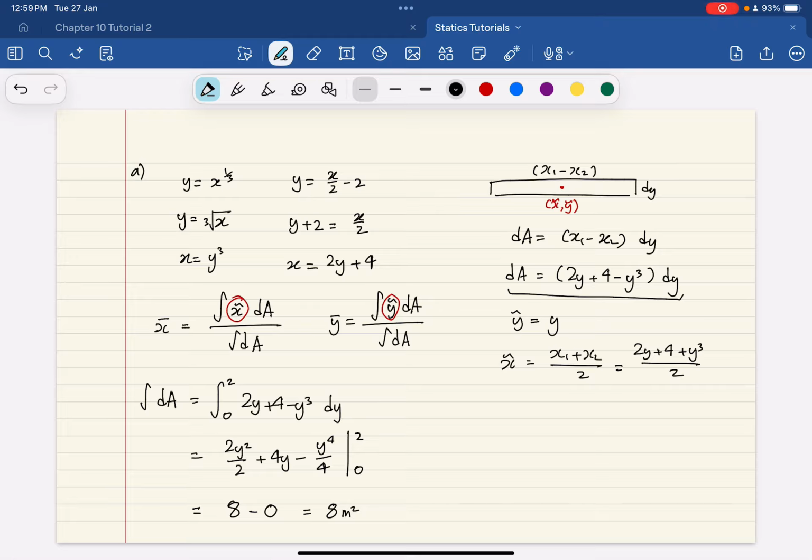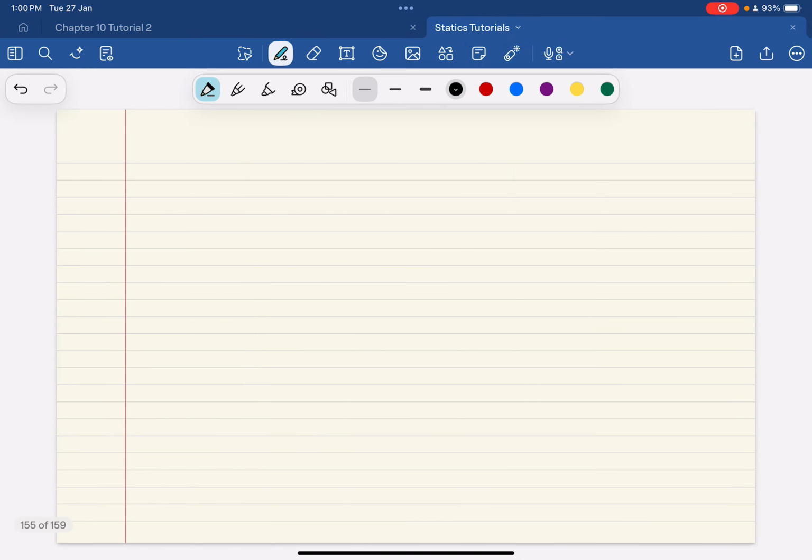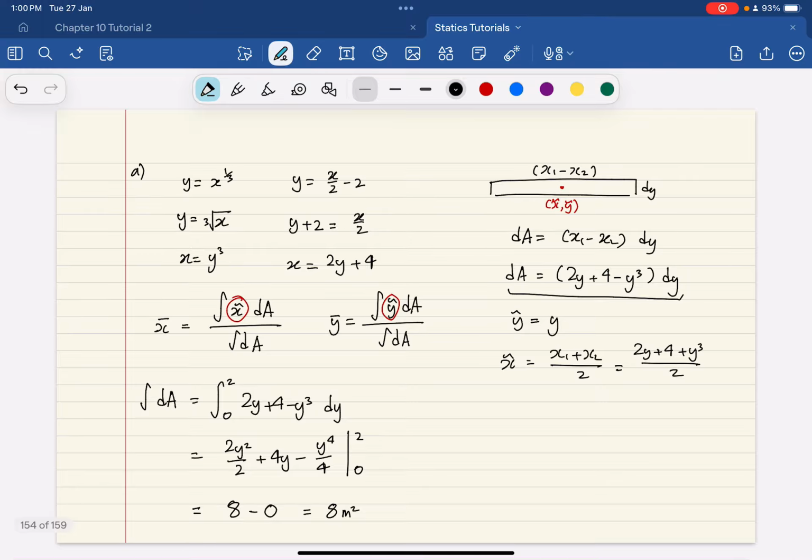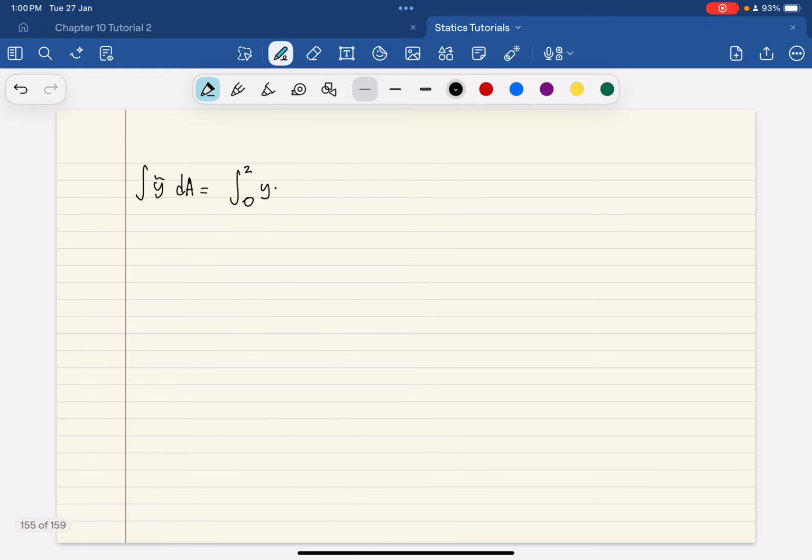Great. Now the next thing we're going to do is find it for y. So we're going to find the integral of y tilde dA. Again, the limits are the same as before, 2 and 0. The y tilde in this case was y, multiplied with your dA, so it's 2y plus 4 minus y cubed dy.